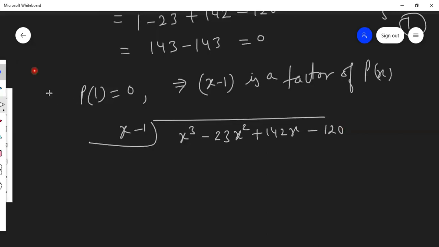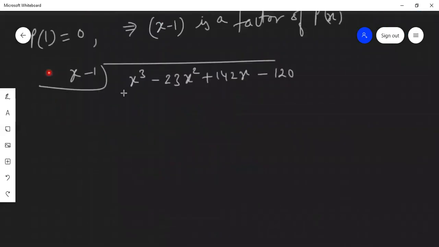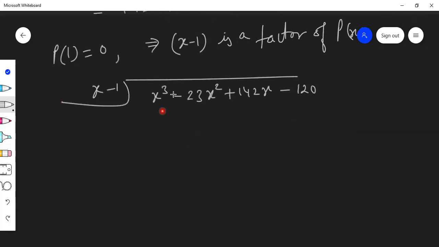Yes, this was minus 120. Now we have seen when we divide this polynomial by this, what we do is we take x cube, the first term containing the highest exponent of x, and we divide it by x. So of course we get x squared.